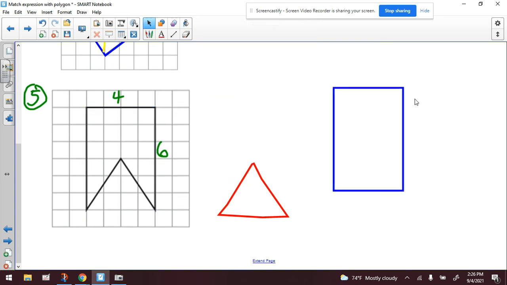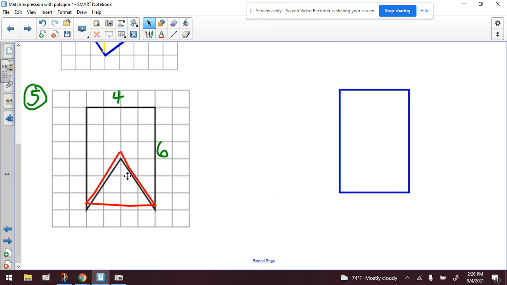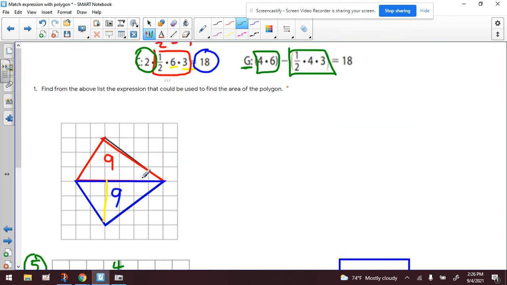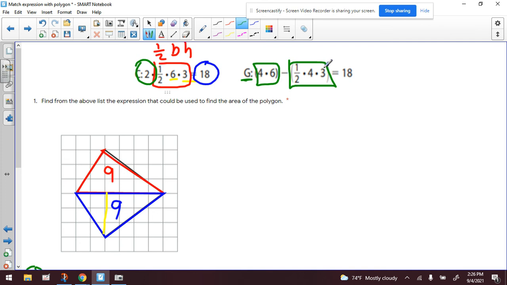Let's move this out of the way for a moment, and let's put the red triangle in there and ask ourselves, does that match? If we go across and call this the base, 1, 2, 3, 4 going that way, and if we call this the height, 1, 2, 3 going that way, I didn't draw that very straight. That does match what we have here, a base of 4 and a height of 3, right?